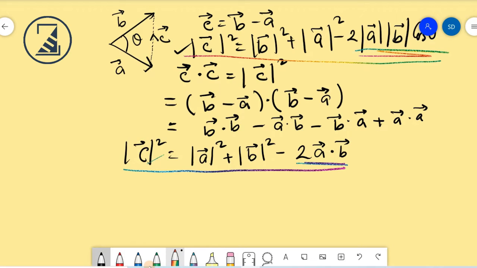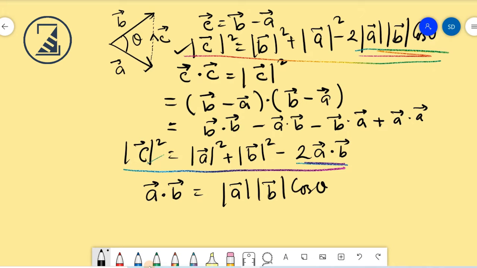So we have shown that a dot b is actually mod a mod b cos theta. So we have shown that if we take the algebraic definition of dot products, summation ai bi, then that also implies this definition, mod of a mod of b cos theta.